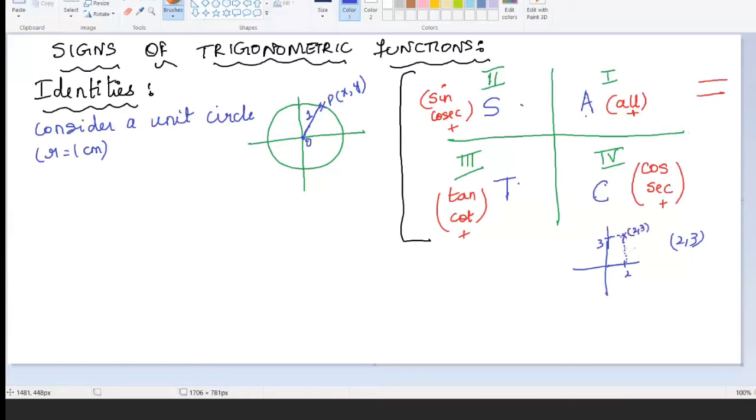Correct? So now suppose I drop a perpendicular from here to here and mark this point as Q. Who is OQ?